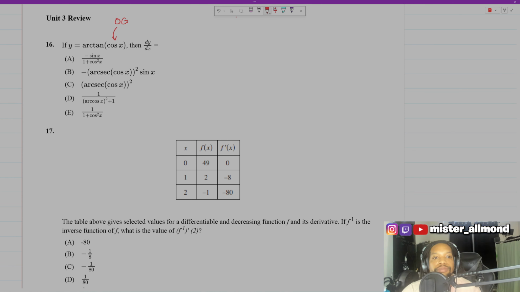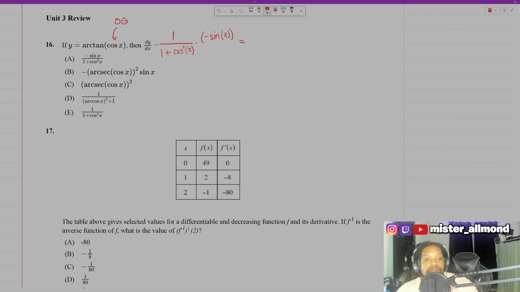But okay, so derivative of arctan is 1 over 1 plus, it usually would be x squared, but instead of x, I have a cosine of x. And if I were to square that, it would be cosine squared of x. But since that is an OG, I got to multiply by its derivative, which is negative sine of x.